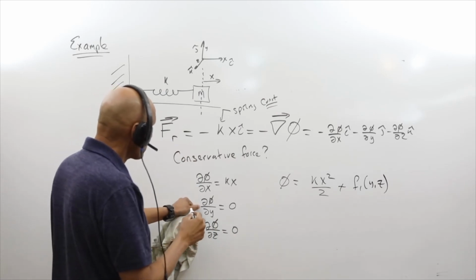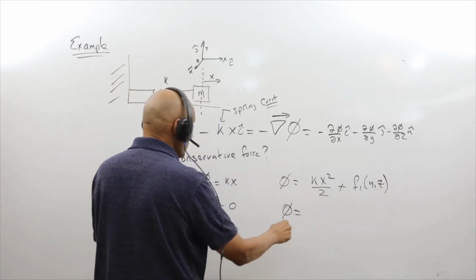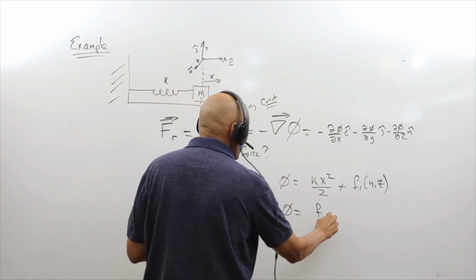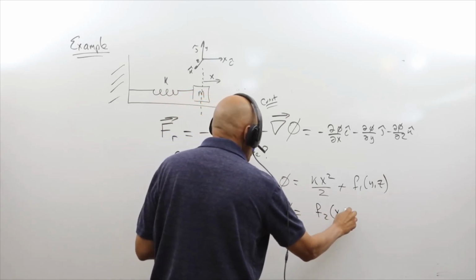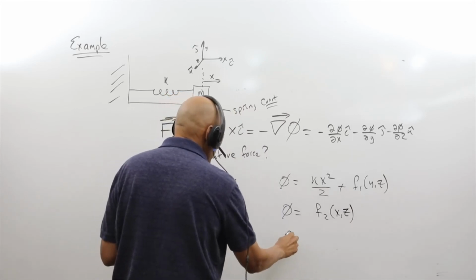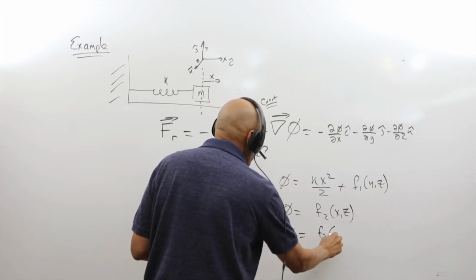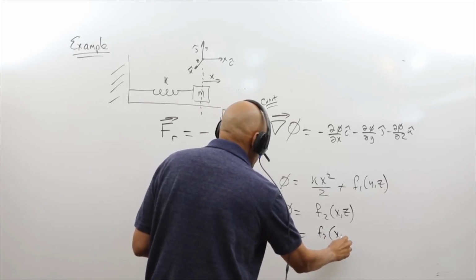How about the partial of phi with respect to y? Well, the integral of 0 must be some function of x's and z's. And then the anti-partial derivative for z must be some function of x's and y's.